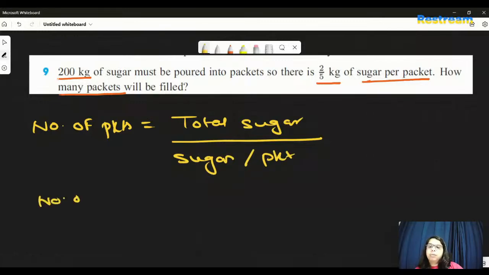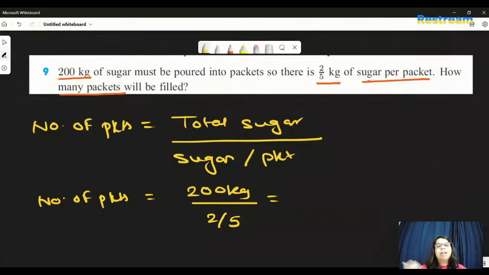So number of packets is equal to total sugar, which is 200 kg, over 2 by 5. Now we know that whenever we have a fraction in the denominator, the denominator gets multiplied with the numerator. So it is going to be 200 multiplied by 5 by 2. We are going to take the reciprocal of 2 by 5. So it's going to be 500 packets.